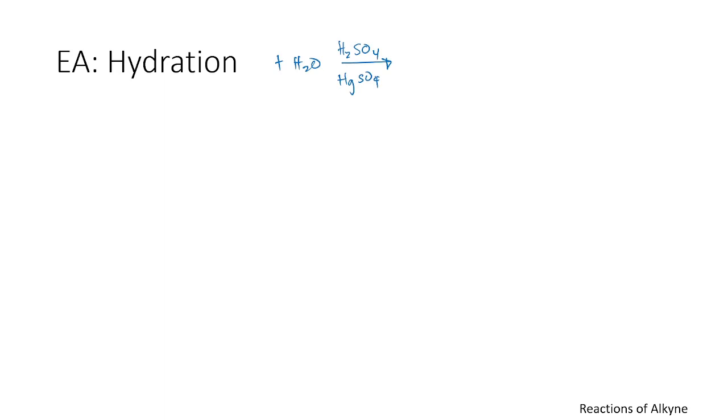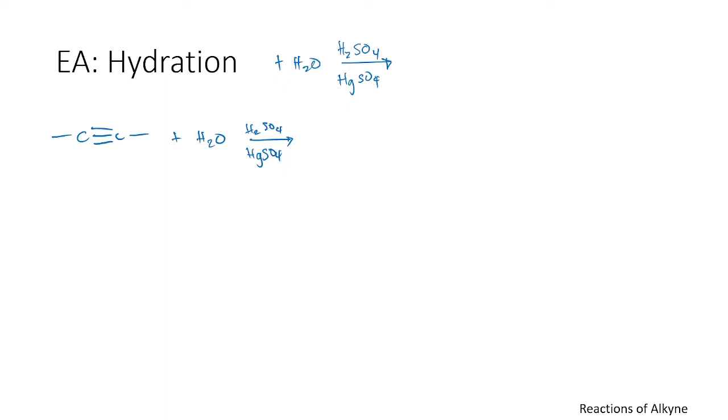What actually happens in hydration is that our reaction looks like an oxidation. If we have here our alkyne, with its triple bond, and we add water to it in the presence of H2SO4 and HgSO4, we actually have what we call keto-enol tautomerism.